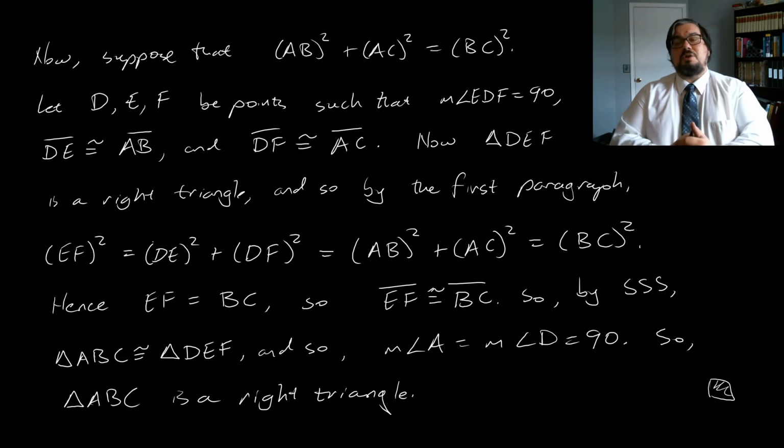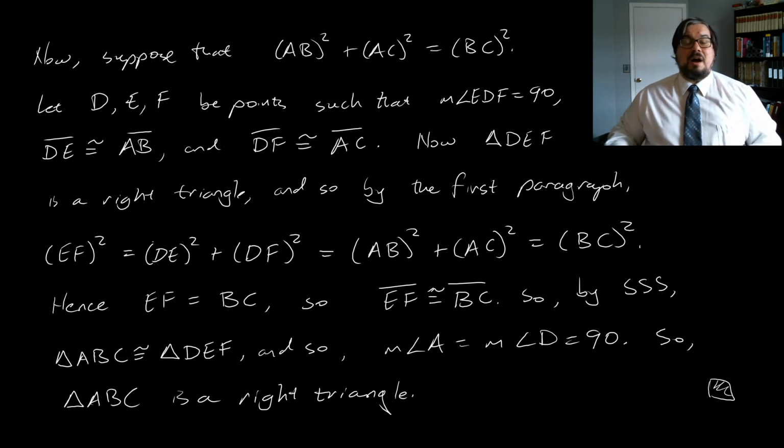So this theorem shows that the conditions of being a right triangle and having the sides and hypotenuse of the triangle satisfy the Pythagorean theorem relationship are completely equivalent. If you know one, you know the other, and vice versa.